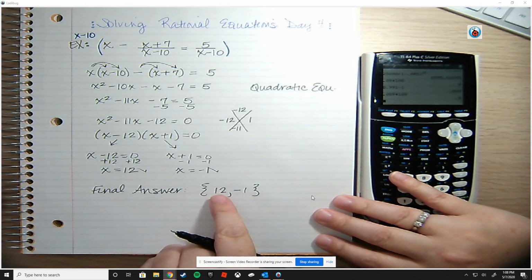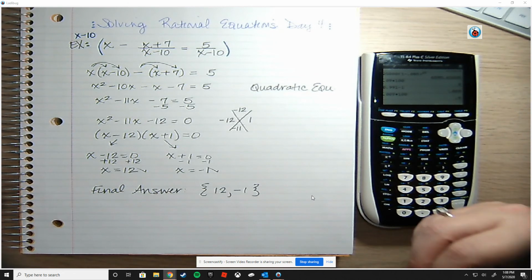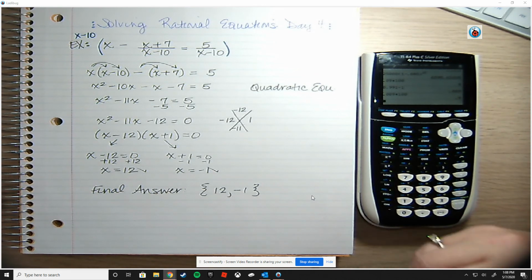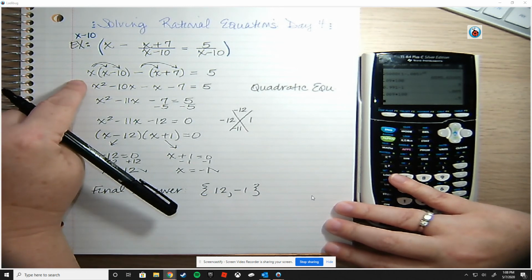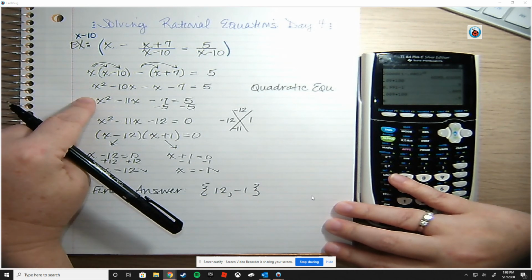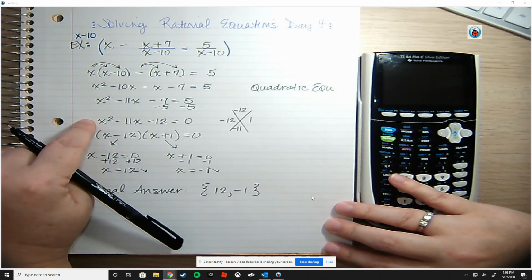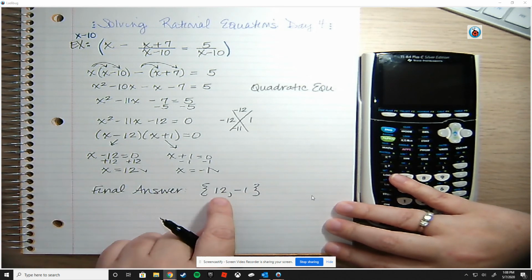You're going to have to type it, and you're going to have to use curly brackets, because if you use parentheses, you are saying that your final answer is a point on the XY axis, and that's not the case here. This is where, remember, our picture crosses the x-axis. This parabola back up here, this x squared minus 11x minus 12, this is where it crosses the x-axis, and it crosses it in two places.